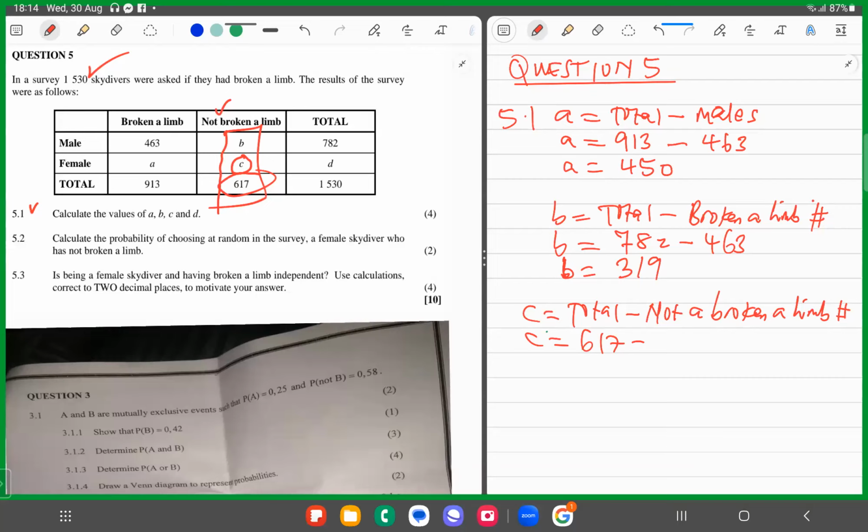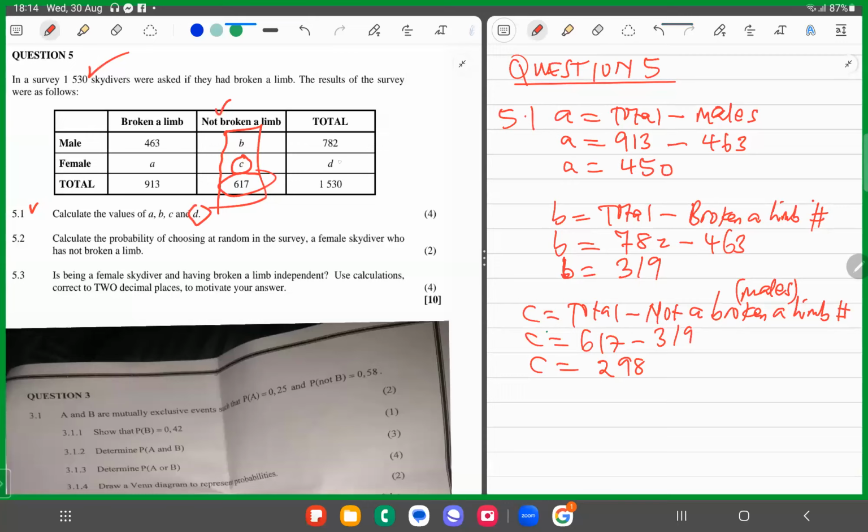For the males not broken a limb, we saw B. What did we get B to be? We got B to be 319. So what is 617 minus 319? It is exactly 298.